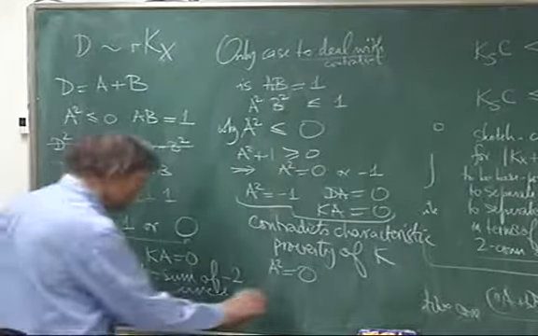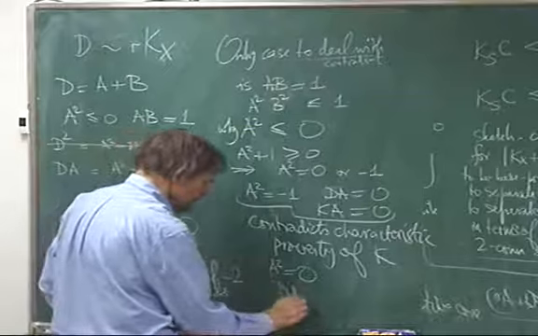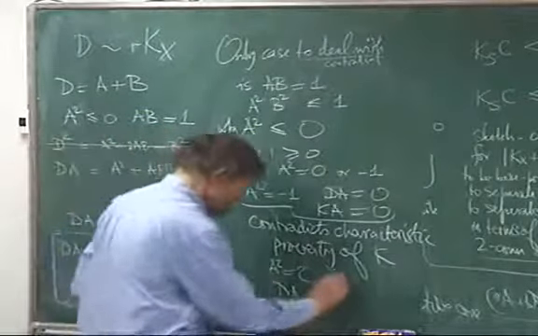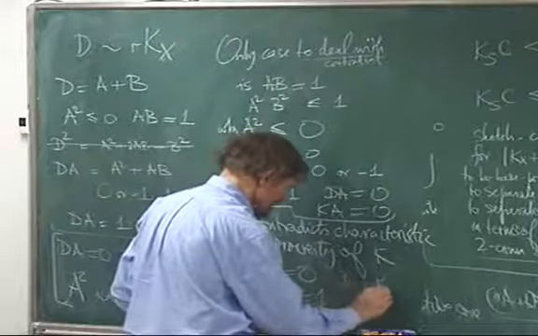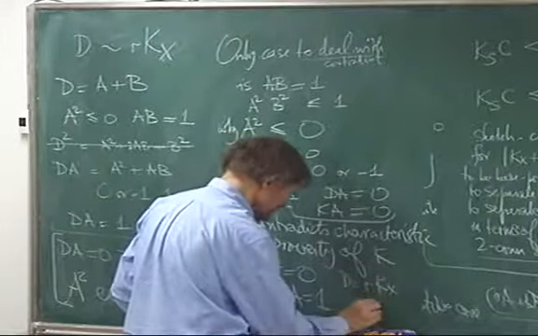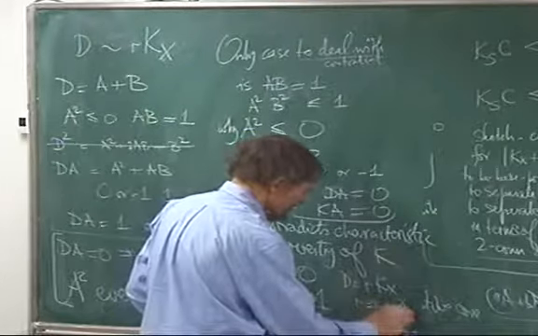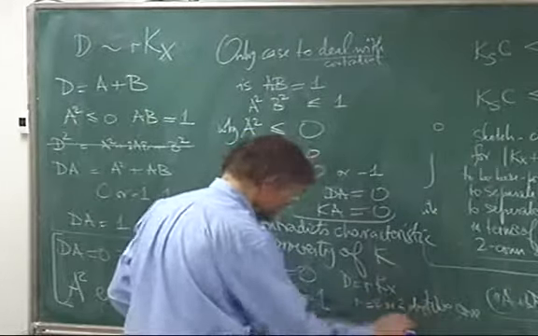Well, then dA is 1. But d is r times Kx, and I'm assuming that r is 2 or 3, etc. And so this is a contradiction.